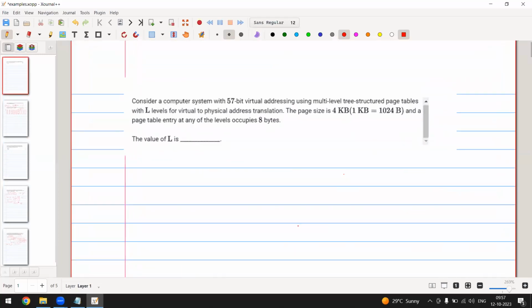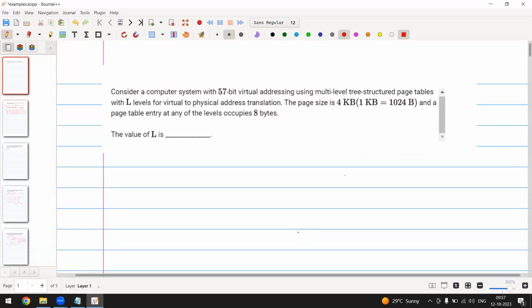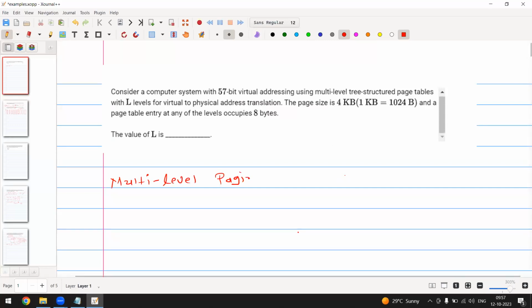Now the next example is based on the concept of multi-level paging. So I think you already know what multi-level paging is, which we have already discussed.